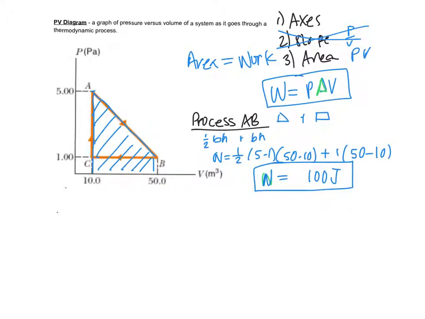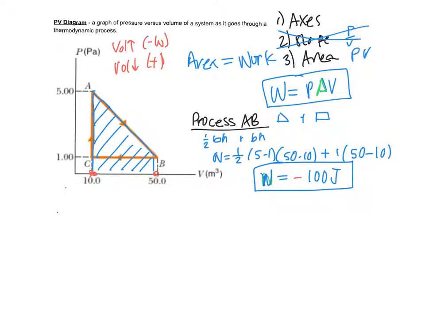But I'm not done because we just calculated work, so now we have to figure out the sign. If the volume is increasing, that is negative work, and if the volume is decreasing, it's positive work. So from A to B, who cares about pressure, we're going from this point to this point. Volume is increasing, so we get negative work.